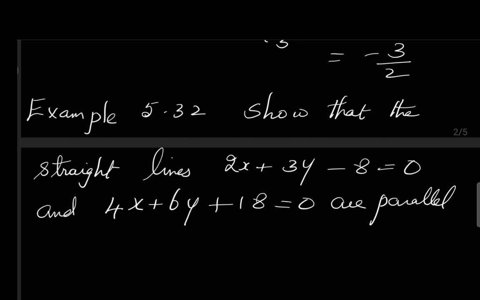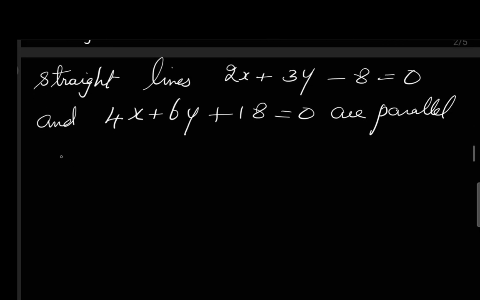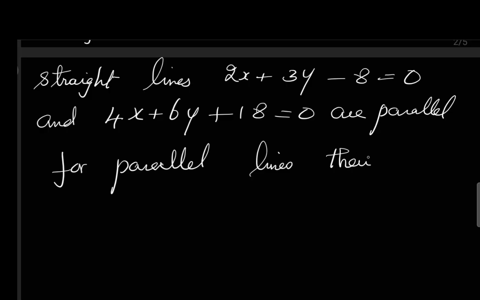See the next example. Show that the straight lines 2x plus 3y minus 8 equal to 0 and 4x plus 6y plus 18 equal to 0 are parallel. So we know that for parallel lines, their slopes are equal.